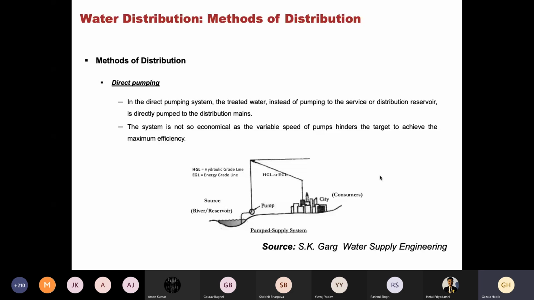The system is not economical as the variable speed of pump hinders the target to achieve the maximum efficiency. It is not economical because that means we need a very highly efficient pump with high power. Then only sufficient pressure can be maintained in distribution pipe, because it is not just one distribution pipe, right?